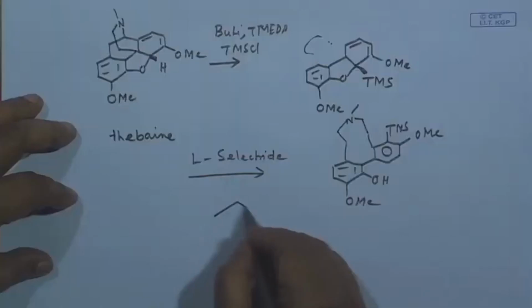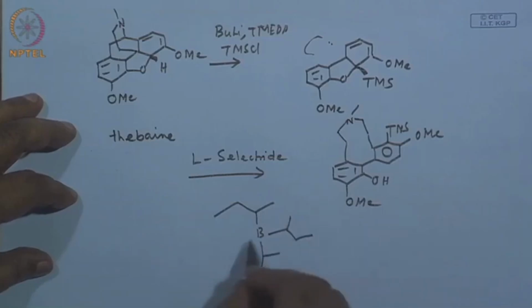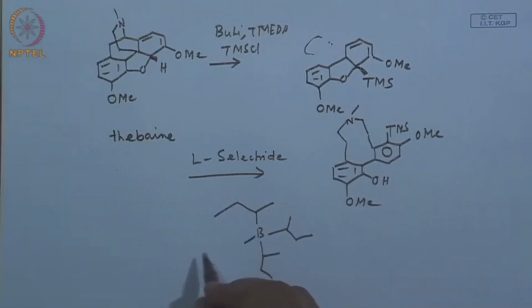In this case it is secondary butyl, that means 3 of them, and then lithium hydride, that means hydride minus, lithium plus. Why is it L-Selectride? Because it selectively reduces the carbon-carbon double bond. Like if you have an alpha,beta-unsaturated system and you want to reduce the carbon-carbon double bond, then this is the reagent.